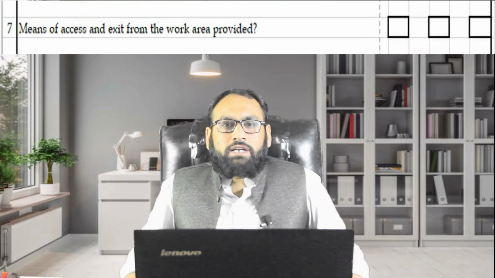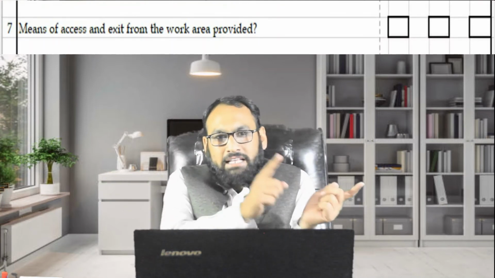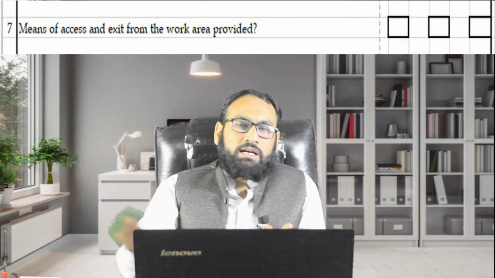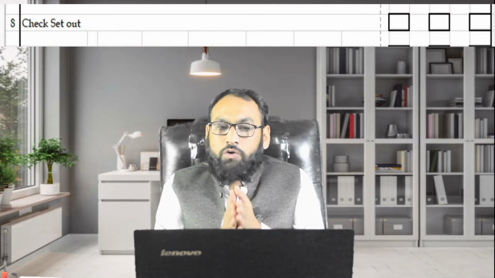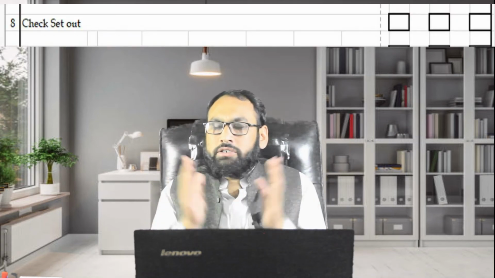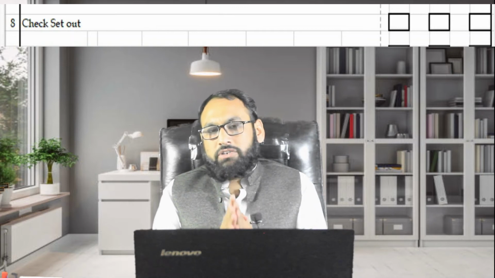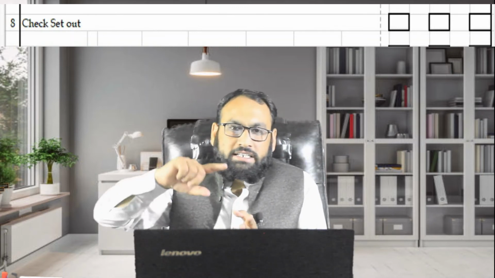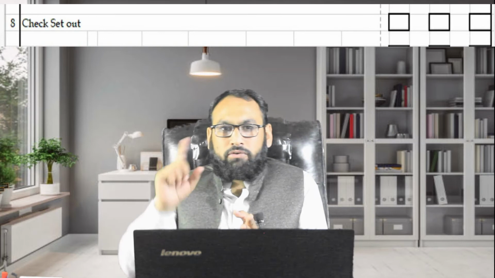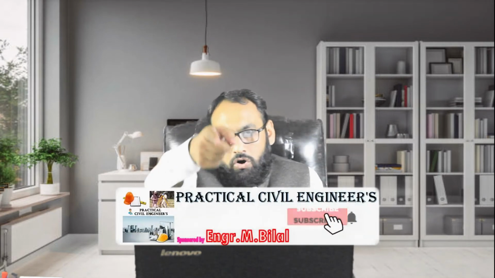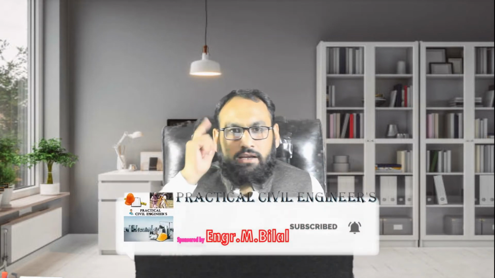As I told you, there will be one exit point and one entrance point. The eighth point is to check setting out. Setting out is the most important factor before erecting your columns and your beams. You must align all the columns in a single grade.